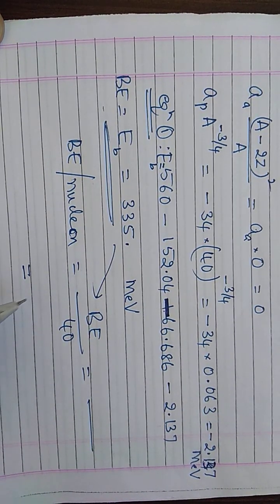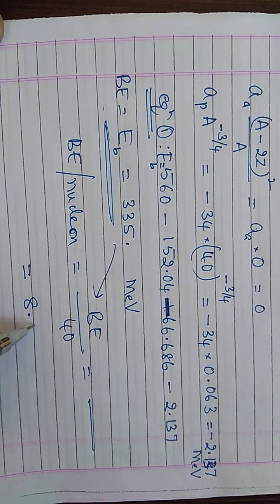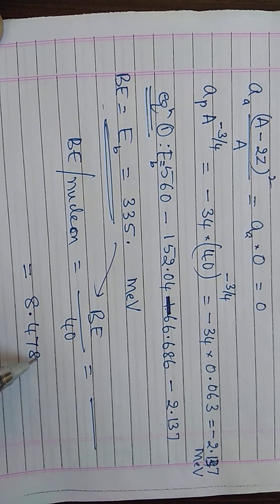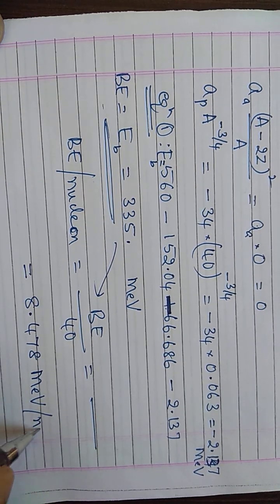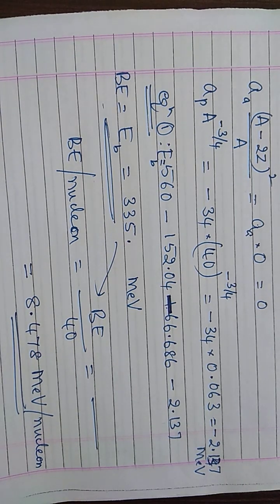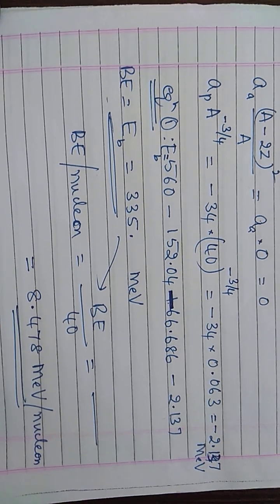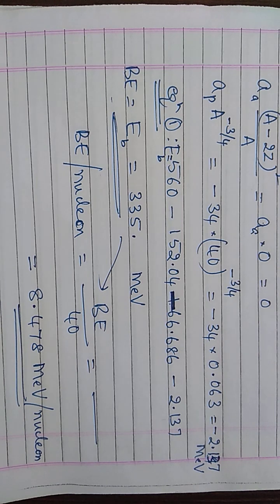Approximately you are going to get the answer as 8.478 MeV per nucleon. This is the answer. Okay. This is one problem.